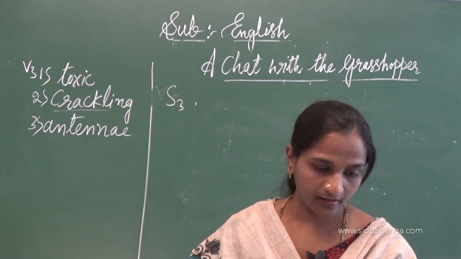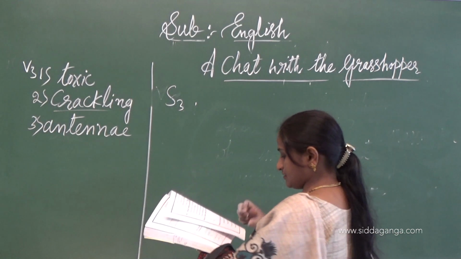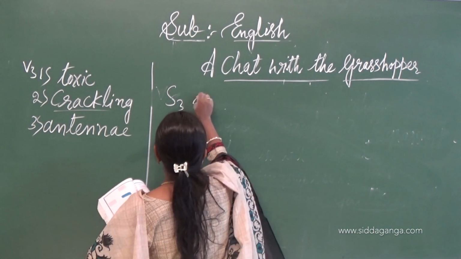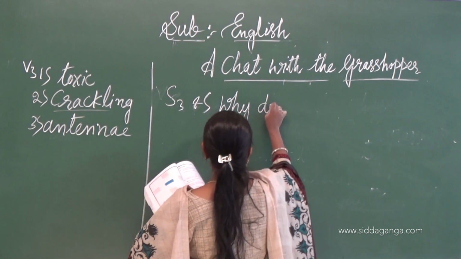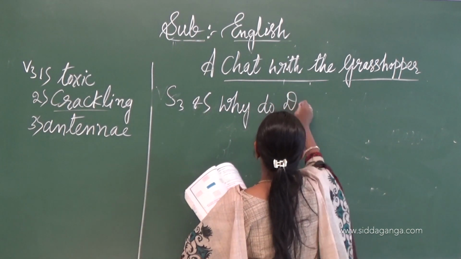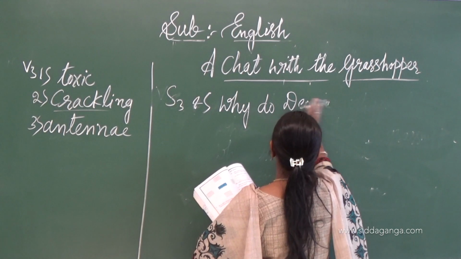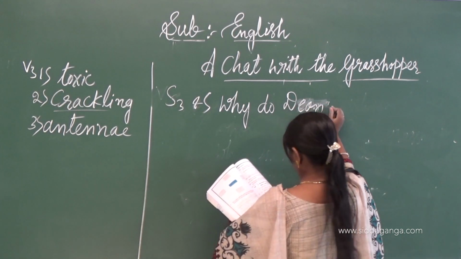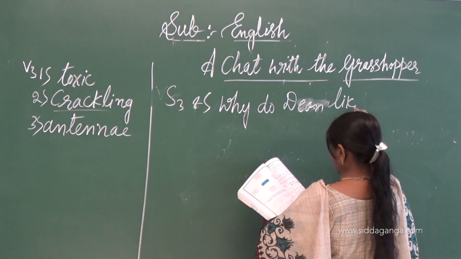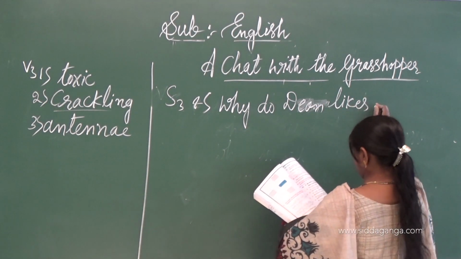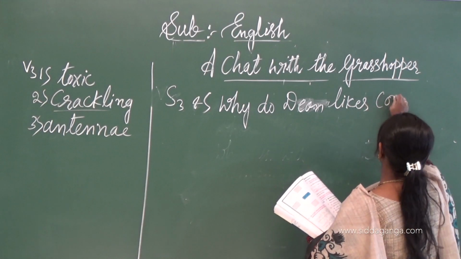Again, that is fourth one. Why does Dion like cows?